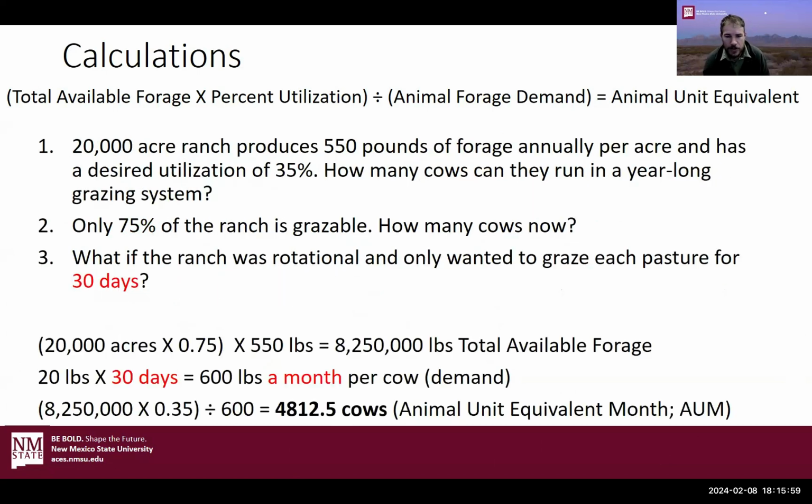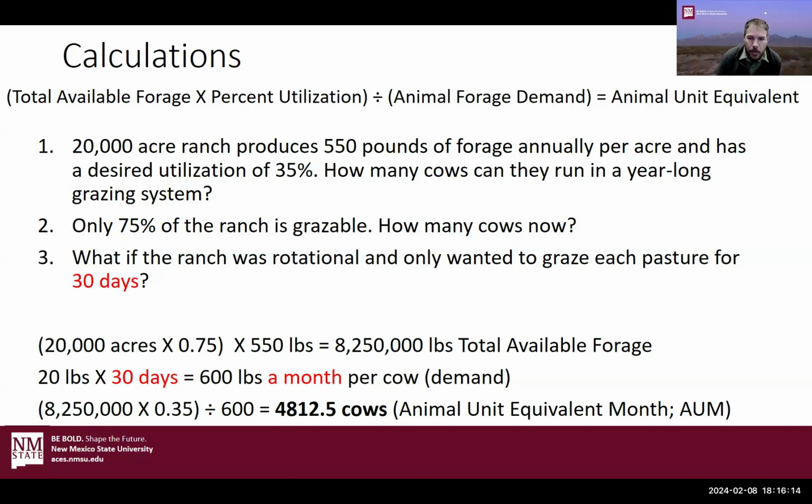If we go back to this one, you can see where I've substituted 365 days for 30 days, gives us a new amount of consumption or demand by the animals.